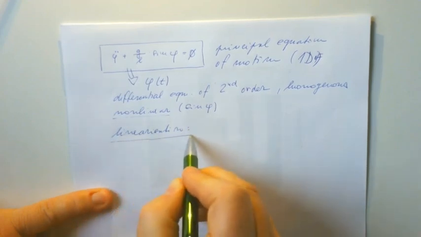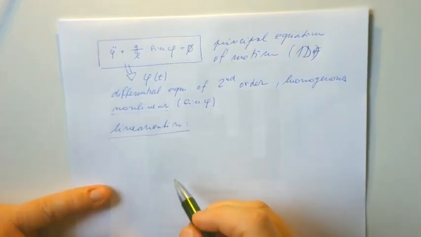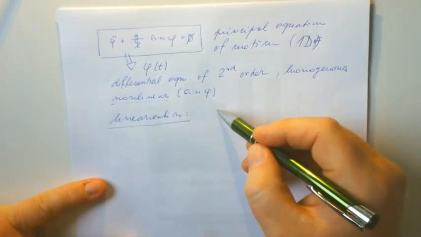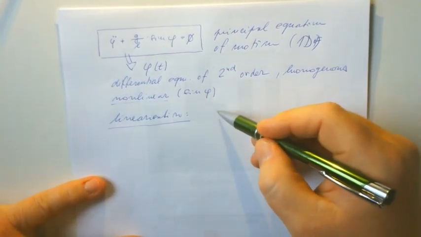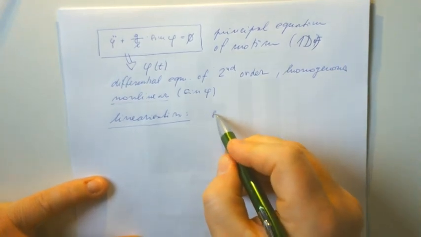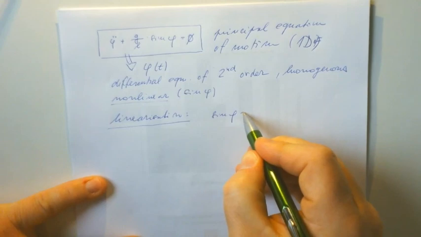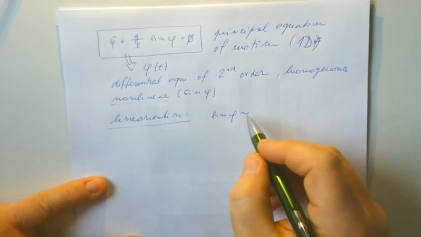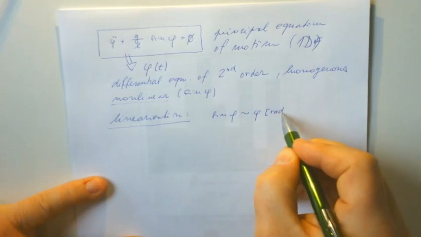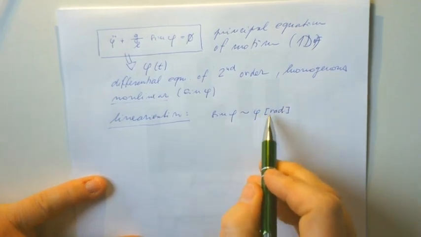So we can simplify the process a bit. We can say that sine phi is very similar or almost equal to the value of phi when we count phi in radians.